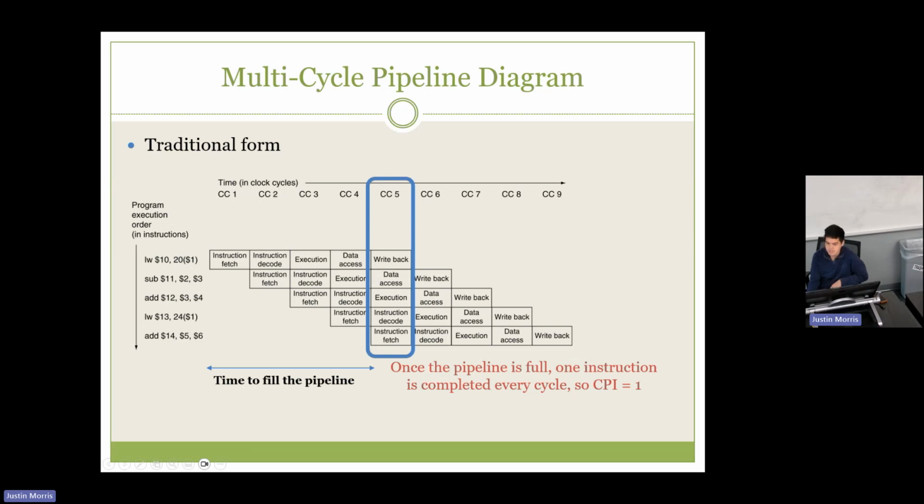So just like single cycle, our CPI is approximately 1. It's not going to be exactly 1 because of this time to fill the pipeline, but it's approximate, especially when we have high instruction count, okay? When we have instruction count in the billions, the 4 extra cycles that it took to fill up the pipeline is negligible.